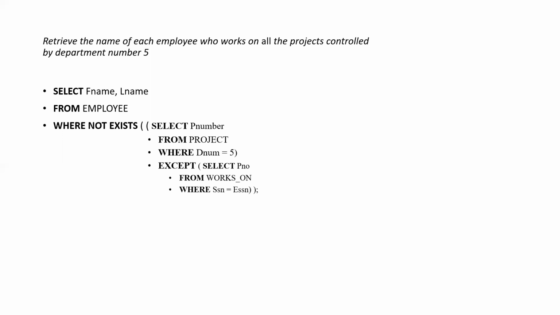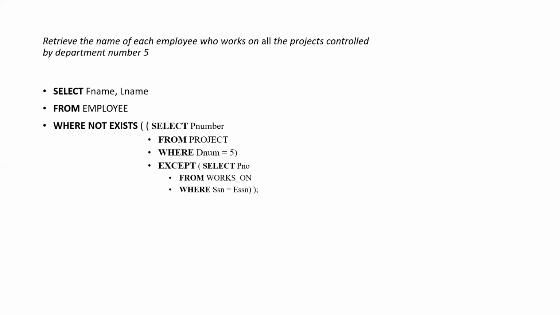If the set difference of the first subquery result minus the second subquery is empty, that means the employee works on all the projects, and such employees are selected. That means that employee is working on all the projects controlled by department number 5. The first subquery retrieves the project numbers which are controlled by department number 5.